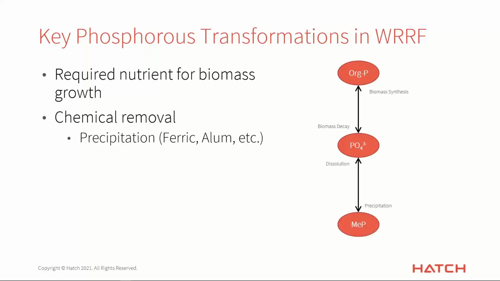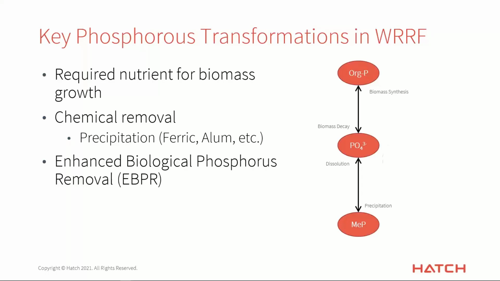We also have the chemical phosphorus removal processes, so precipitating it out with iron or aluminum. And then, of course, we have what we're concentrating on today, which is enhanced biological phosphorus removal, EBPR, or as it's often referred to, luxury uptake of phosphorus, where we grow a specific kind of biomass for the purposes of accumulating as much of that phosphorus as possible in them, and then waste them out into our solids handling facility where we can do various things with it.